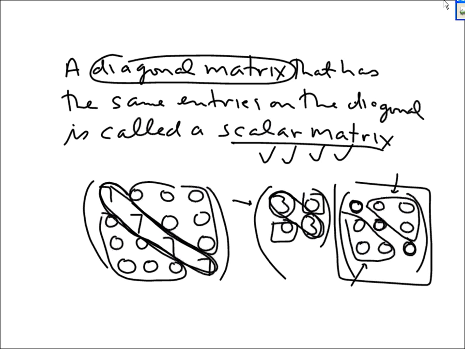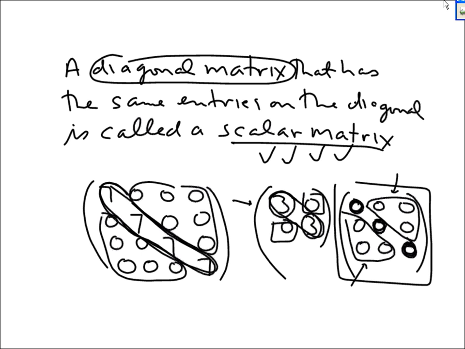Since all the entries on the diagonal are the same, it's a scalar matrix. Nobody ever said what the same value on the diagonal can be or can't be. Nobody ever said a diagonal matrix that has the same entries on the diagonal is called a scalar matrix except when the entries on the diagonal are 0. It doesn't say that.